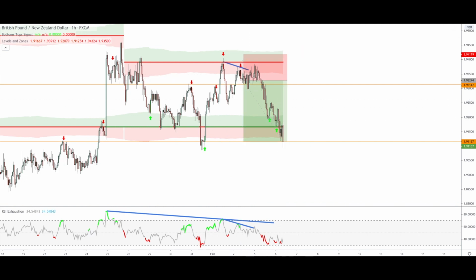The second point is that we knew the risk reward wasn't going to be amazing, and we might have some trouble during the downtrend around this support level, and we got some here.